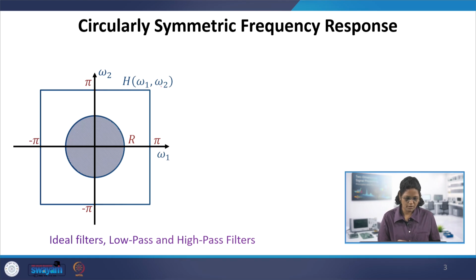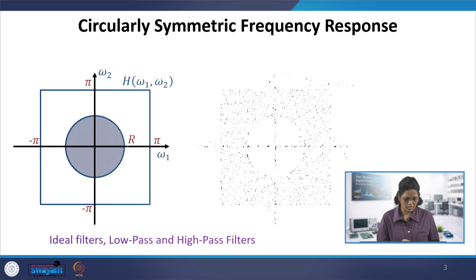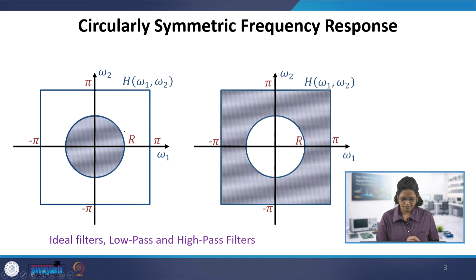If you have the frequency response H of omega 1, omega 2 of the circularly symmetric case we had seen, there can be a tolerance. The ripple can be in the pass band or in the stop band. If the response is not ideal, you will have ripples in the pass band and stop band. Taking the ideal case, R is the cutoff frequency.